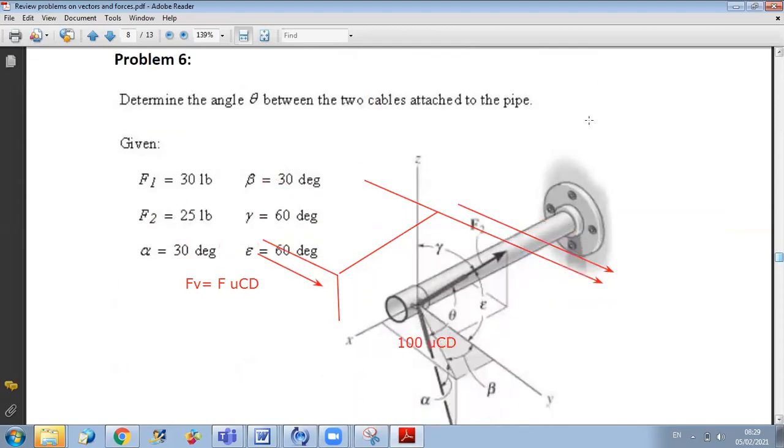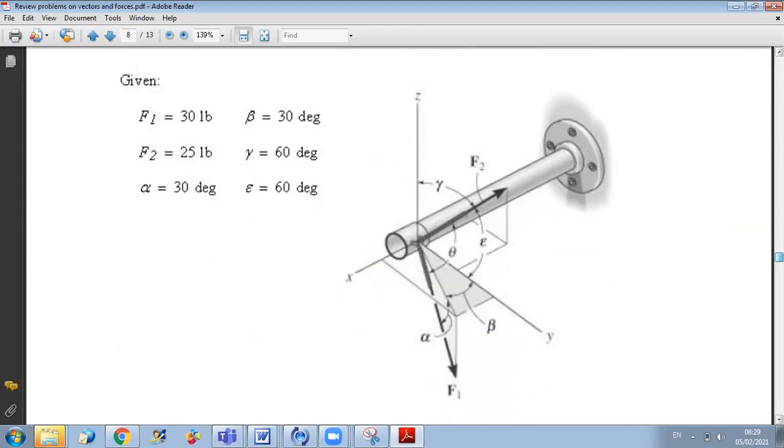Okay, so let us continue with problem 6. Determine the angle theta between the 2 cables attached to the pole. Since we want to find an angle, we will do the dot product application. But what is a little bit tricky and difficult here is to find the unit vectors, because we have a new way of defining forces.